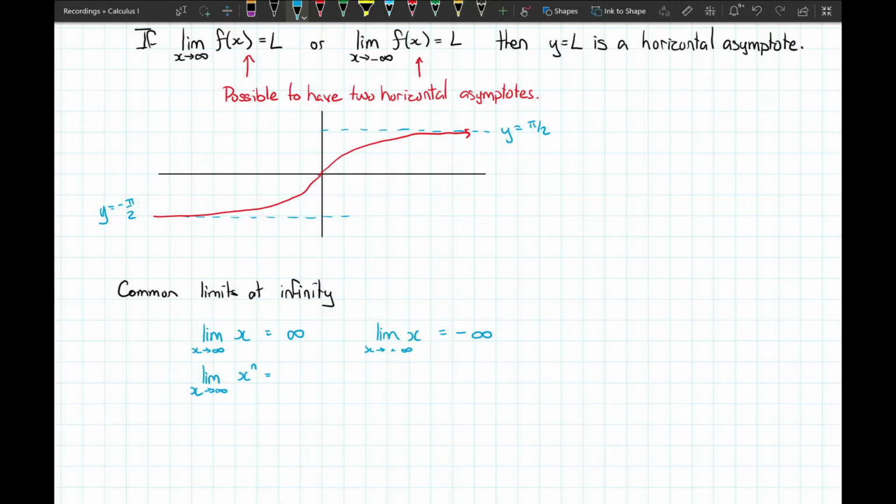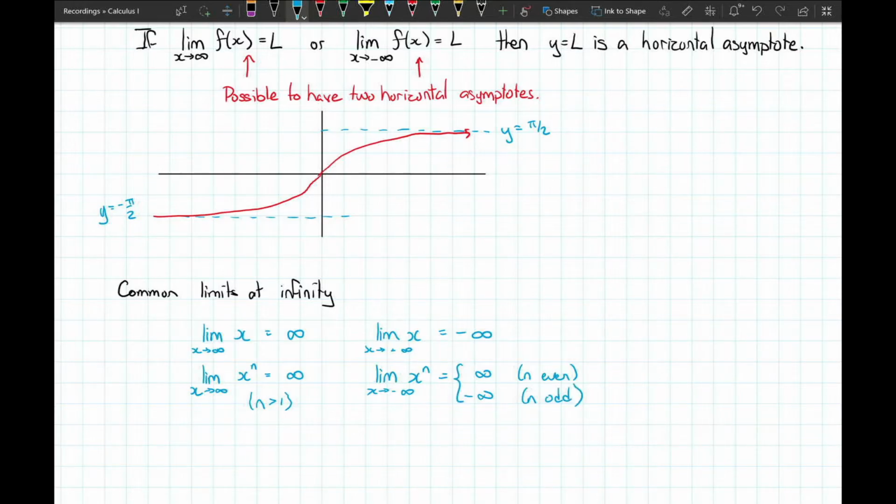And if we take a power of x as x gets infinitely large, this is also going to end up being infinity, so long as n is greater than or equal to 1. And if we look at a power of x as x goes to negative infinity, then it is also going to become infinitely large, but it could either equal positive infinity if n is even, or negative infinity if n is odd.